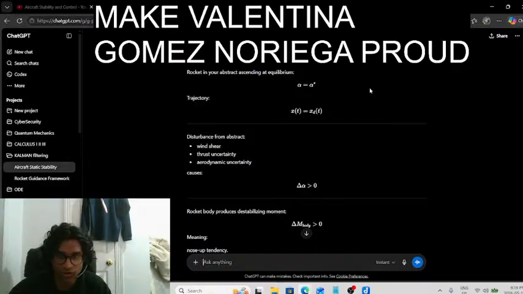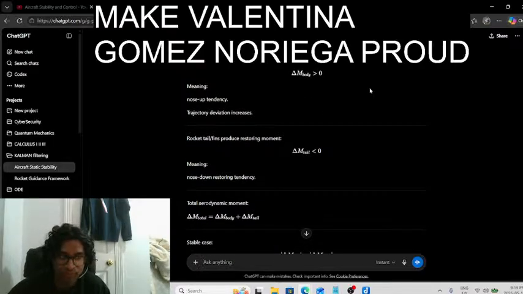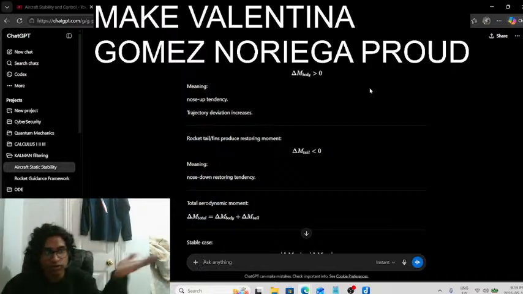The rocket body produces a destabilizing moment, so del M of body is greater than zero, meaning a nose up tendency. There will be a pitch up tendency, and the trajectory deviation will increase. The rocket tail or fins produce the restoring moment, where the pitching moment for the tail will be less than zero, because if the body goes up, the tail will go down.